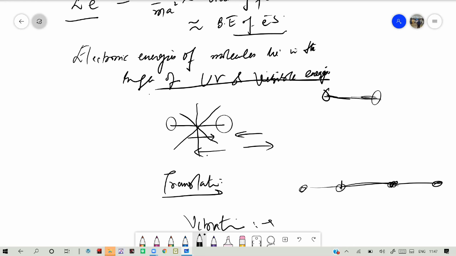Whenever you give some external energy, it will gain more energy, and now the transitions will change. The energy range in which this molecule may emit radiation will change. Once you have an atom in the ground state, it is in equilibrium.